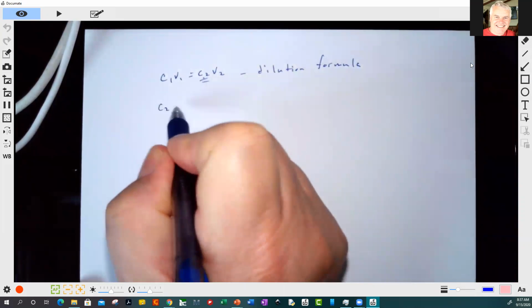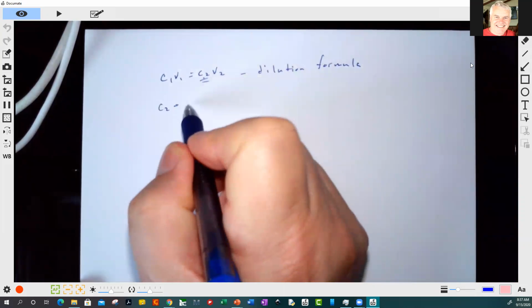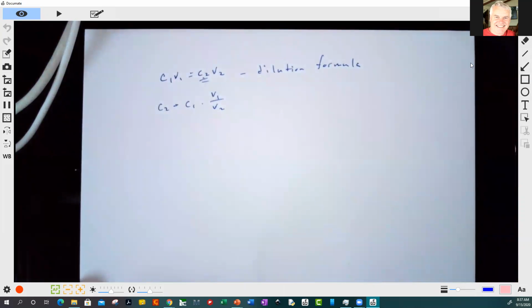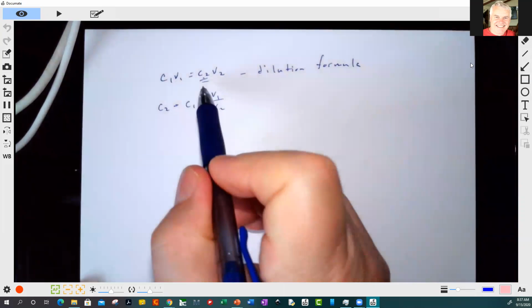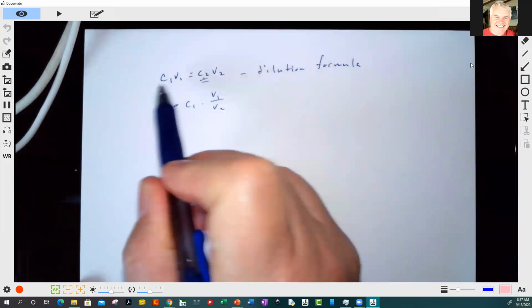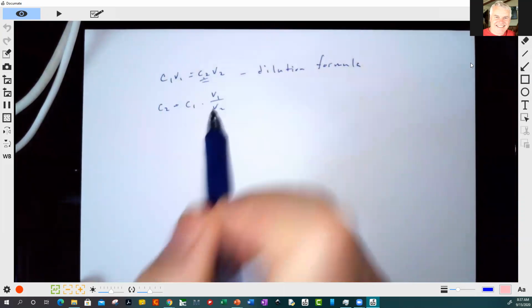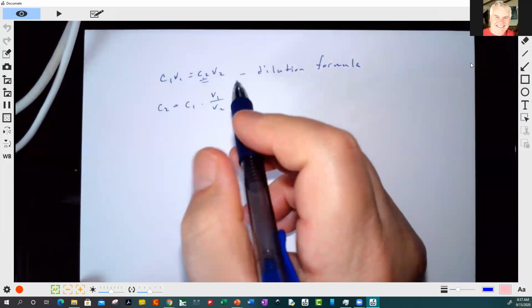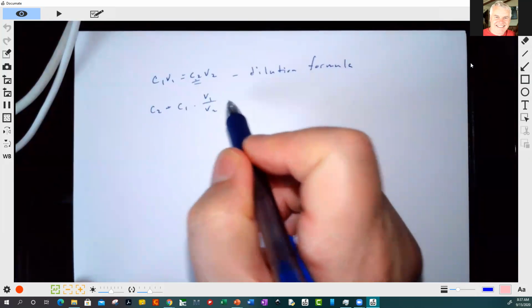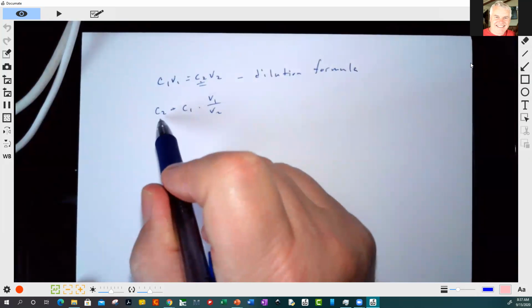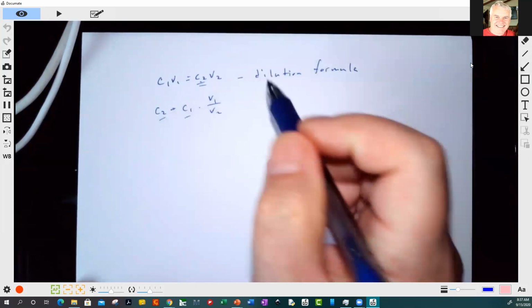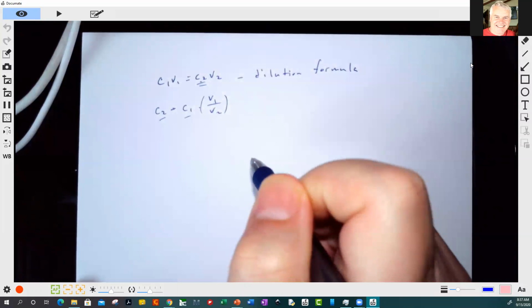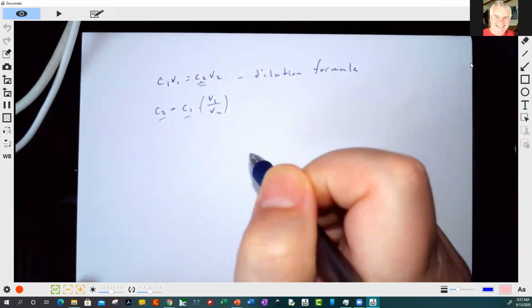So C2 will equal C1 times V1 over V2. Right? This is our dilution factor. So C1 times V1 divided by V2 is our new dilution factor. We're going to let C1 and C2 be just variables for now, and let's calculate the uncertainty in this ratio V1 over V2. Okay?